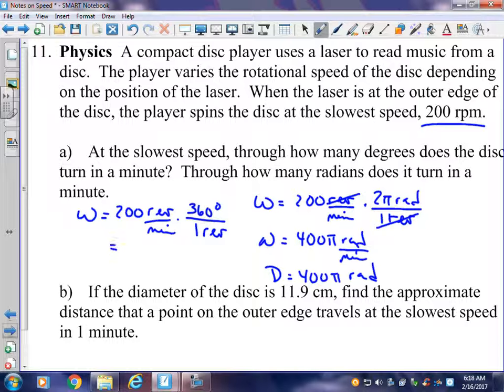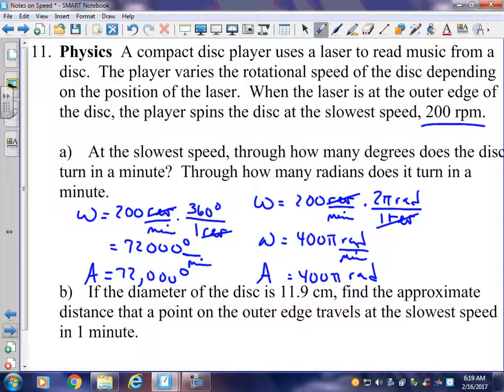And so then, I multiply that together, and I get 72,000 degrees per minute, because the revolutions cancel out, and that tells me my distance in a minute is 72,000 degrees. Let me rephrase that. Distance probably isn't the right word for that. Angle is that many degrees. That's how many we've turned.